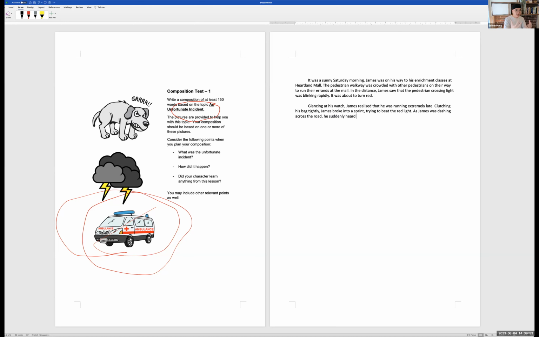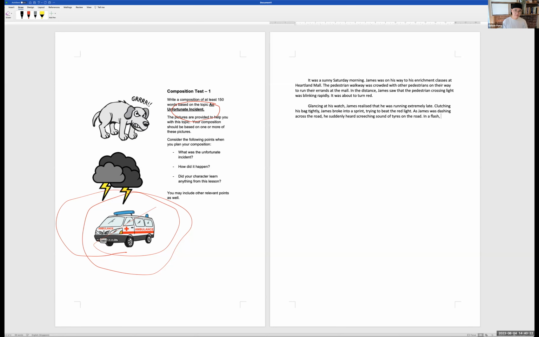Now I'm describing what I see. Now I'm describing what I hear. A screeching sound of tires on the road. Okay, so obviously a car is trying to stop before it hits James, right? So the screeching sound of tires on the road.